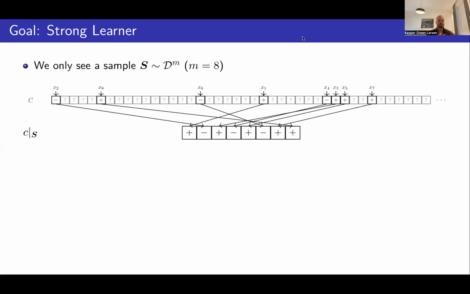We write C projected onto S for the labels that C assigns to this training data set S. It assigns pluses and minuses to these data points x1 up to x8 in this example.